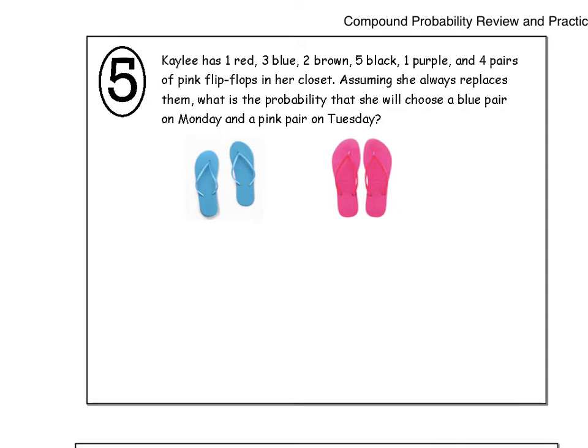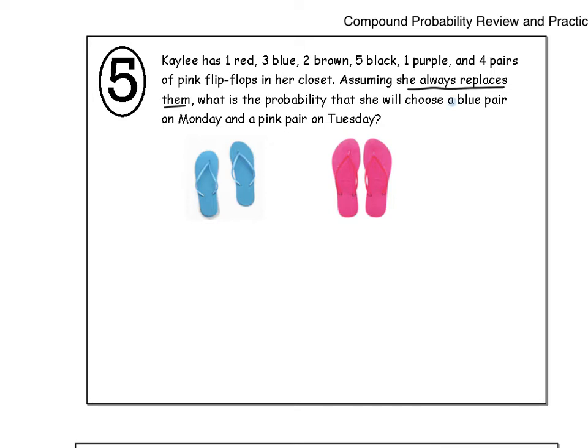So Kaylee has 1 red, 3 blue, 2 brown, 5 black, 1 purple, and 4 pairs of pink flip-flops in her closet. Assuming she always replaces them, so that's important information. She's always going to replace her flip-flops at the end of the day. What is the probability that she will choose a pair of blue on Monday and then a pair of pink on Tuesday?